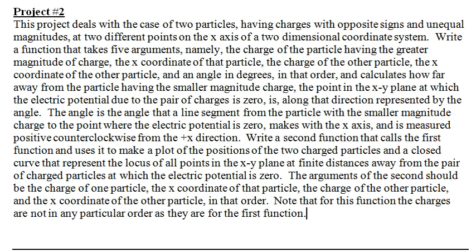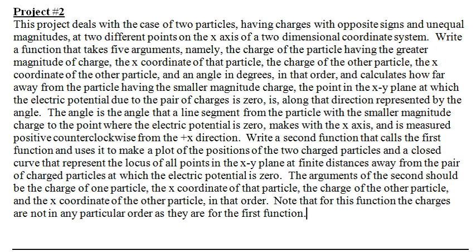This is project 2, video number 1, the video in which I work on the pencil and paper part of the project. So you've got two particles having opposite charges, with opposite signs and unequal magnitudes, on the x-axis, and they're in order.